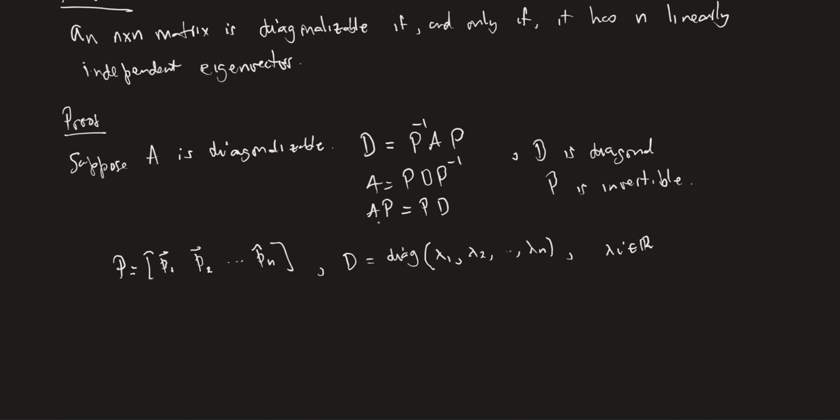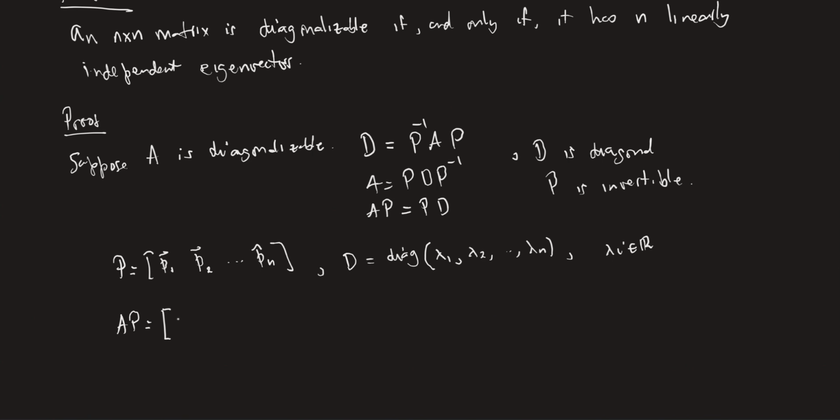So then let's write down these two expressions. Let's write down A times P. Remember when you're doing row times column multiplication, you multiply all the rows of A times the column of P, and you get another matrix.